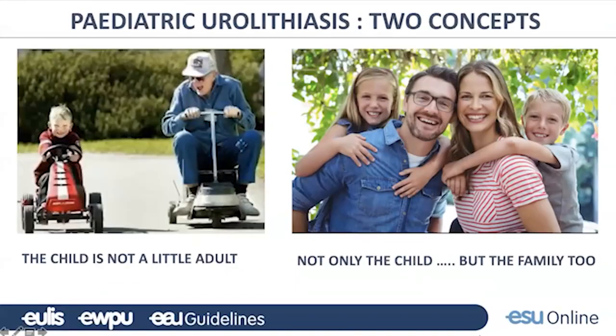And there are two concepts in my mind that are very important: the child is not a little adult, and we have to find a solution for the child that is different from the solution we have in the adult. And when you have a stone in the child and you have to treat it, you don't treat only the patient, but you have to treat the family, really, the father, the mother, the grandmother, the aunt. Everyone asks you something about the best treatment you can afford.